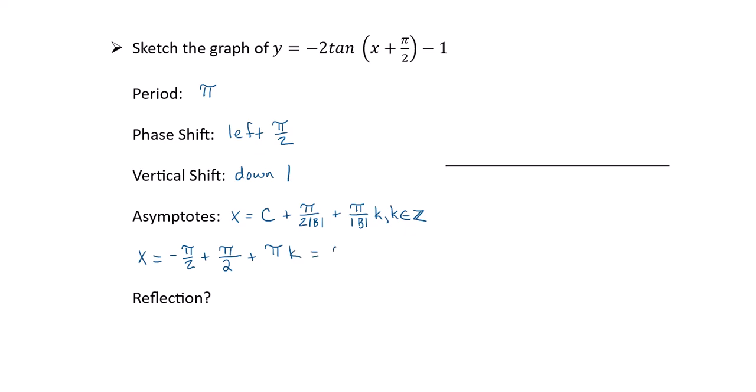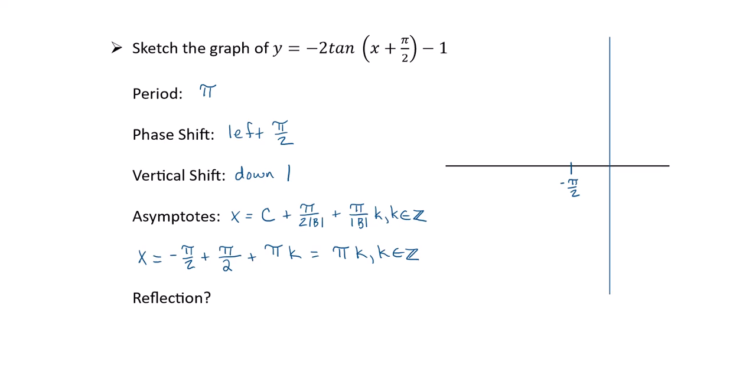This simplifies to just pi k, where k is an element of the integers. So I'll go ahead here and put in my y-axis. I know that I shifted left pi/2, so the center of my graph will be at pi/2 to the left, so -pi/2.